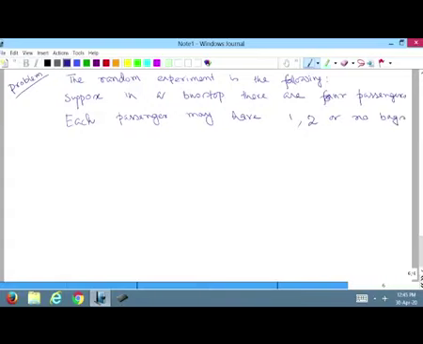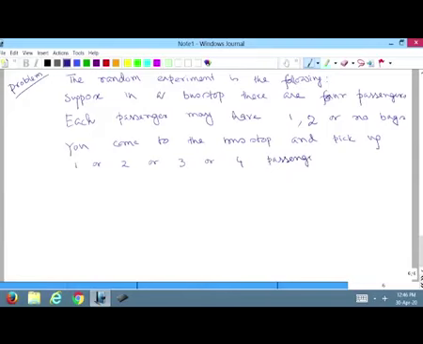That means this is 0. You come to the bus stop and pick up 1 or 2 or 3 or 4 passengers and each passenger takes his or her bags.